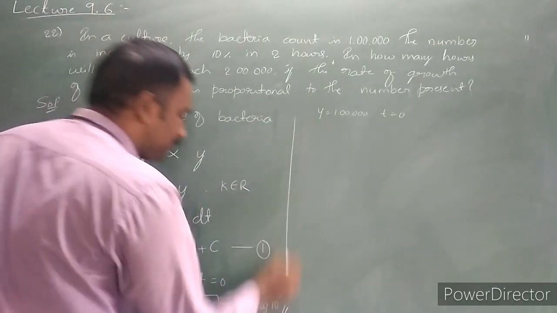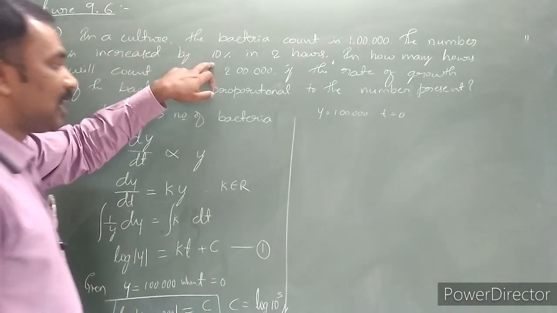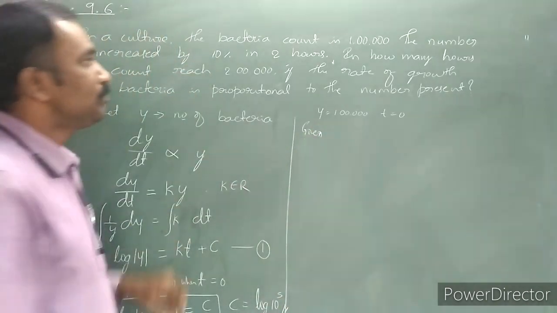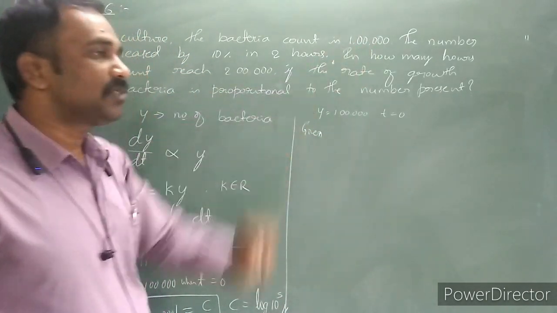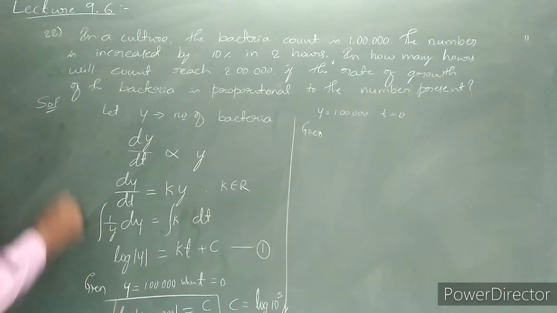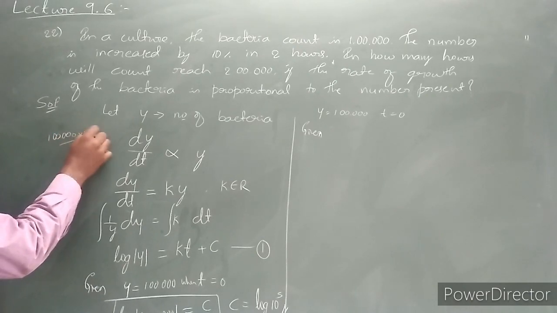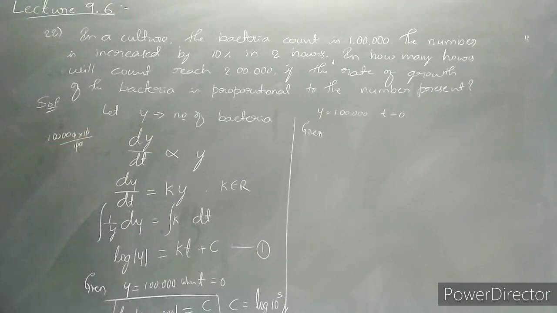Next thing is the number is increased by 10%. Here again they have given 10% of the original 1 lakh bacteria. 10% of 1 lakh is nothing but how much? 10 divided by 100 of 1 lakh. So here 0 0, here also one of the 0.